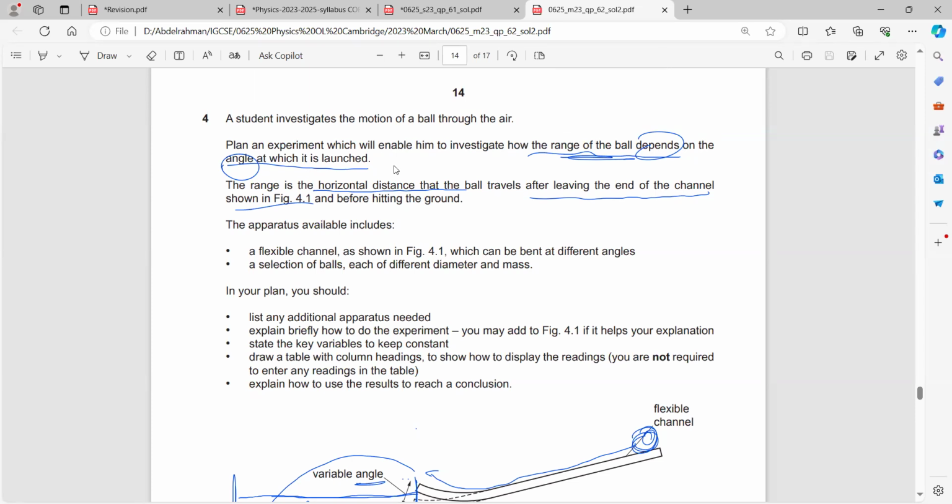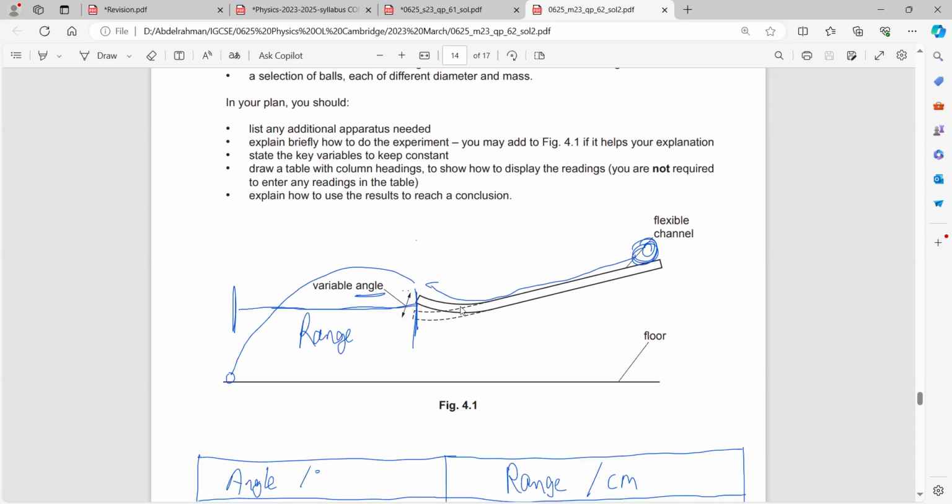So how can you write down some suitable independent variables? For example, an angle would be 5 degrees, 10, 15, 20, 25 degrees. Don't go jumping, for example, from 20 to 40 to 60 to 80 to 90. That would be wrong. If you write down 90, it would be wrong. Why? Because if this variable angle is 90 degrees, it would stop the ball from ever leaving the channel.